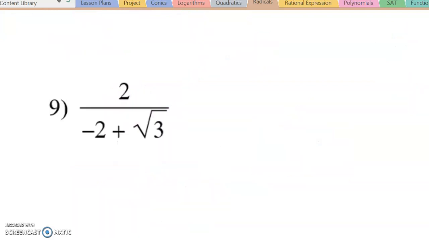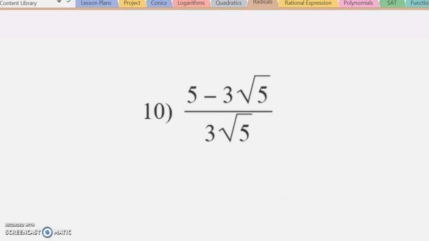Let's try one more. I see the denominator is a group because it has a plus or minus. If you look at number 10, the top is a group for sure, but the bottom is not. So if I want to get rid of this, I don't have to worry about the 3 except it's a multiplier.